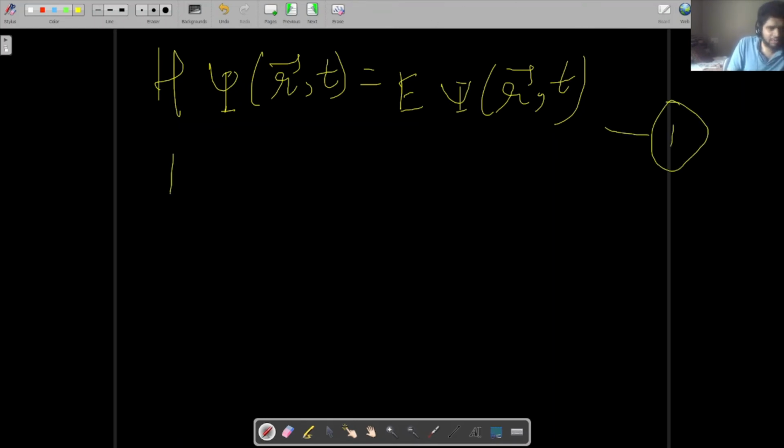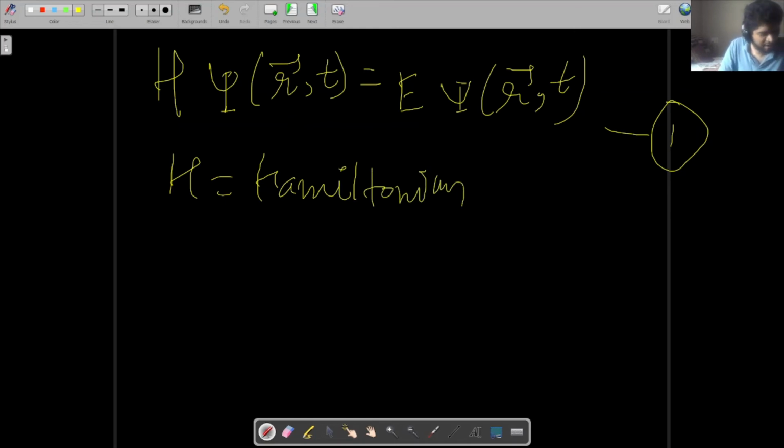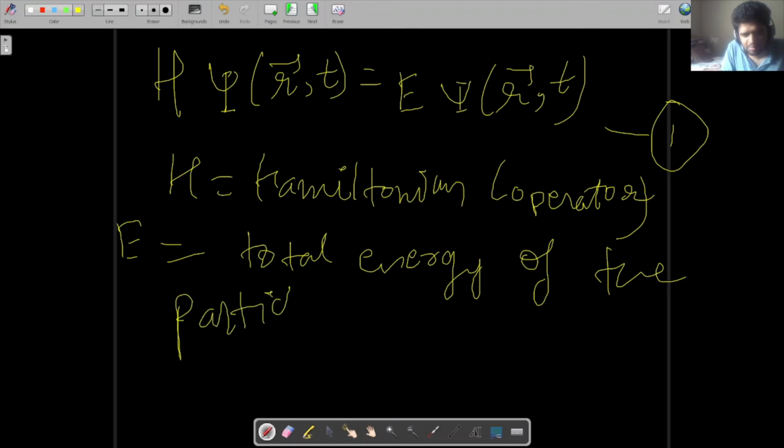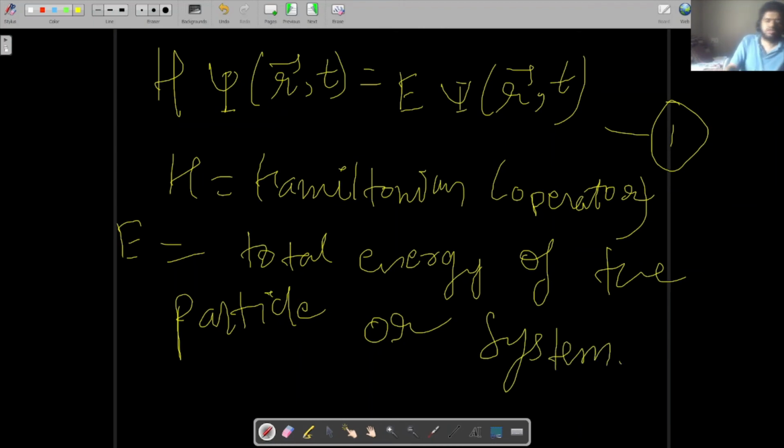Here H is the Hamiltonian operator, and E is the total energy of the particle or system.